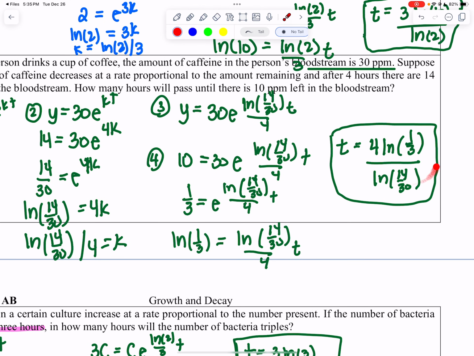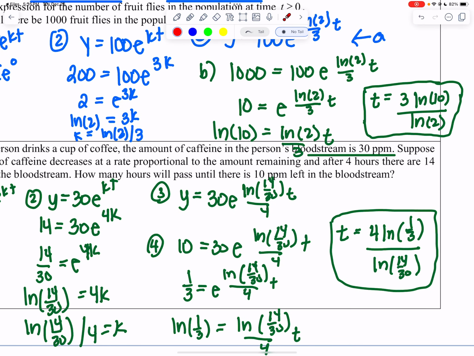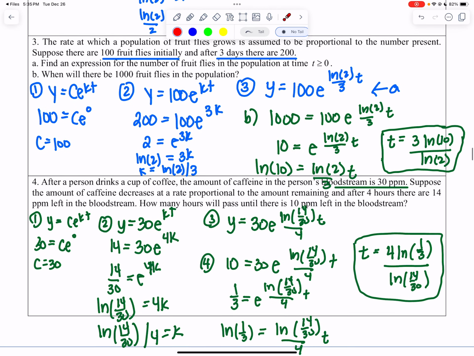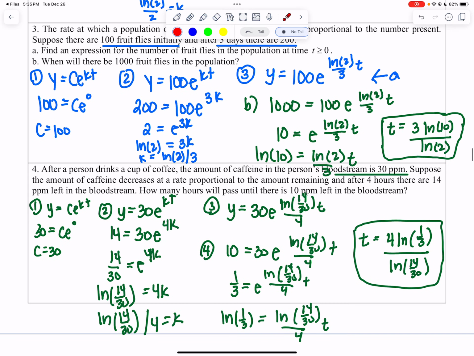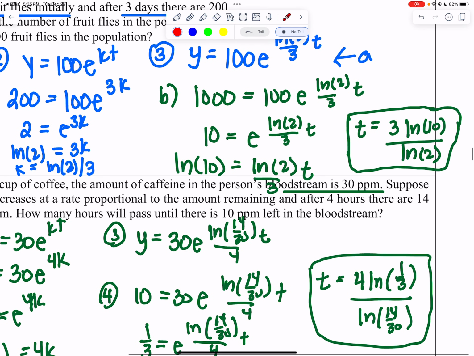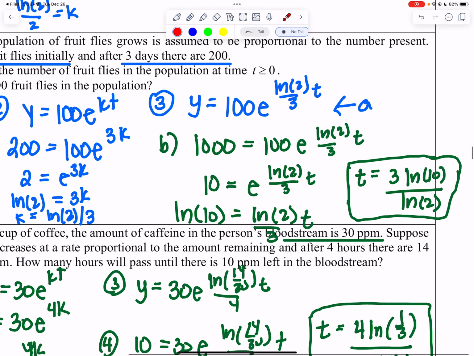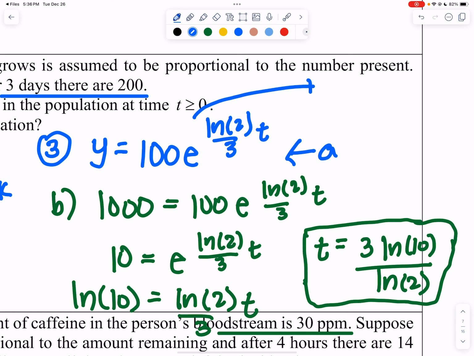these formulas right here. Of course, for these types of problems, like 3 and 4, you don't have to keep your equation like this. Remember that since you know that e and ln are besties and they're inverses of each other, this can also be rewritten as 100 times 2 to the t over 3.